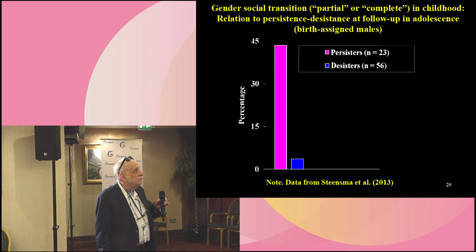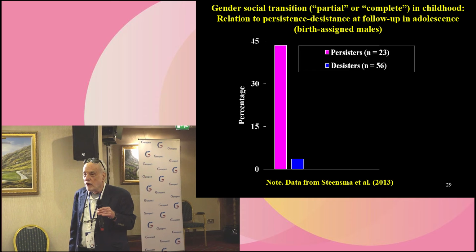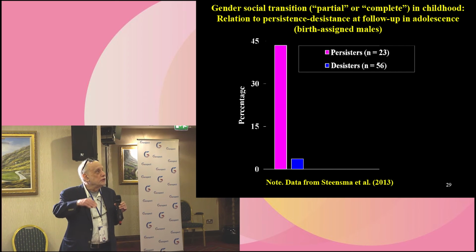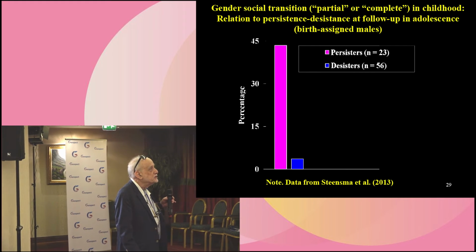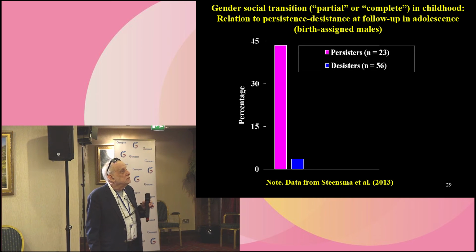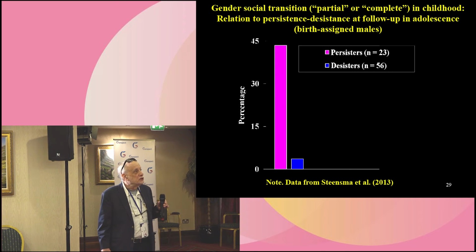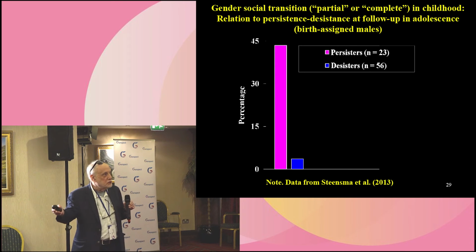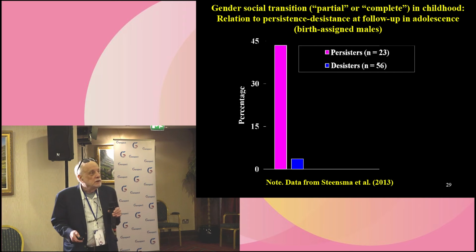So Steensma, this is a slide of birth-assigned males, classified them into two groups, those who had made a partial or complete gender transition in childhood versus those who didn't. And you can see that of the 23 persisters in their follow-up study, which is the pink bar, around 45% had partially or completely transitioned prior to puberty, compared to very few of the desisters.